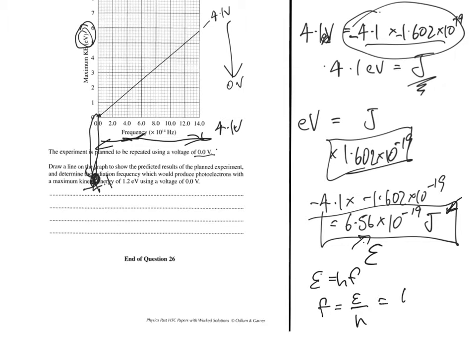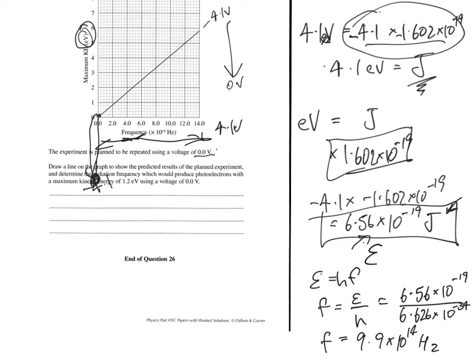Now we have our energy there, and the h value is on the constants sheet. So our frequency works out to be 9.9 times 10 to the 14 hertz.